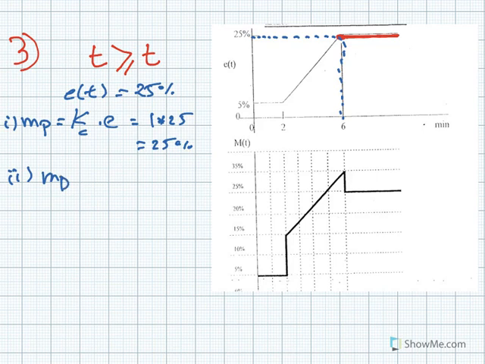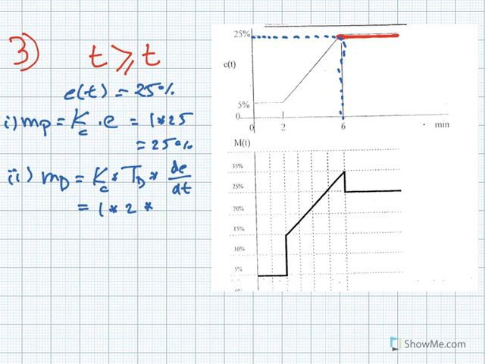The output of the controller due to the derivative equals Kc multiplied by Td multiplied by dE over dt. So it's equal to 1 multiplied by 2 multiplied by dE over dt.